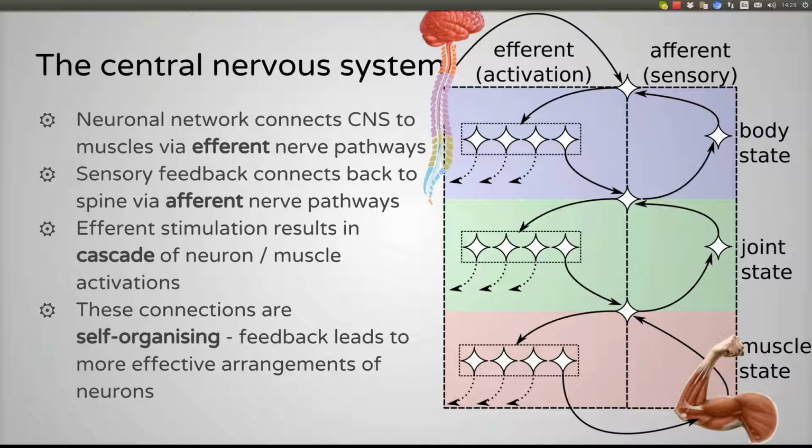So what that does is it creates a self-organizing network, which is basically improving the configuration to make it a more effective arrangement of neurons. And that is where we get better when we practice tennis, because what's happening is by repetitive action and by getting the sensory feedback from our actions, our actions are becoming more effective.